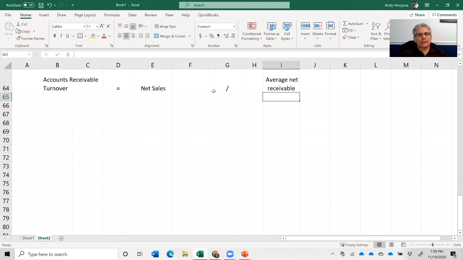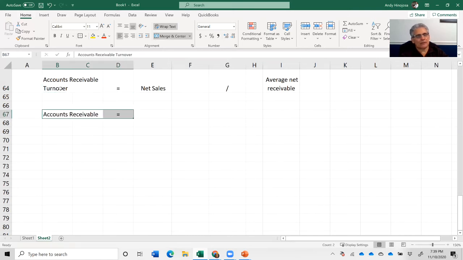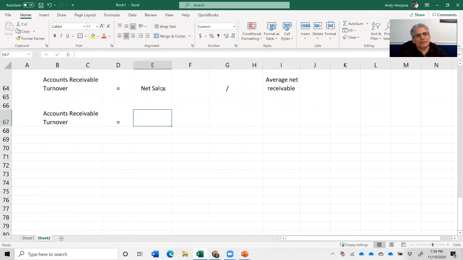So here's our formula. Accounts receivable turnover is equal to net sales divided by average accounts receivable. So let's take a look at how we actually come up with these numbers. Net sales is going to come from the income statement. So we're going to flip over to slide 10.